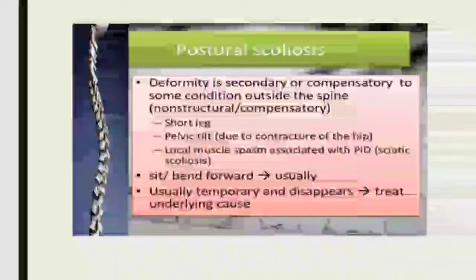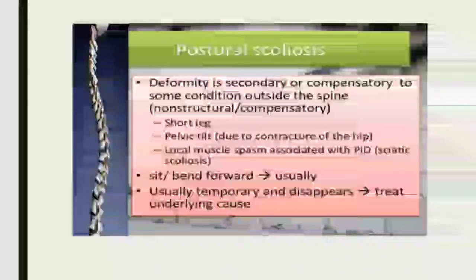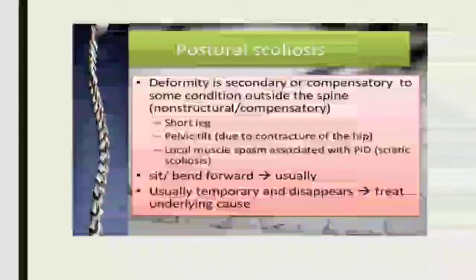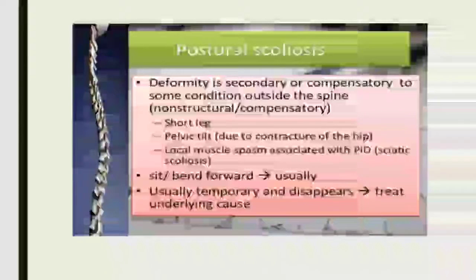Postural scoliosis: the deformity is secondary or compensatory to some condition outside the spine, non-structural or compensatory.